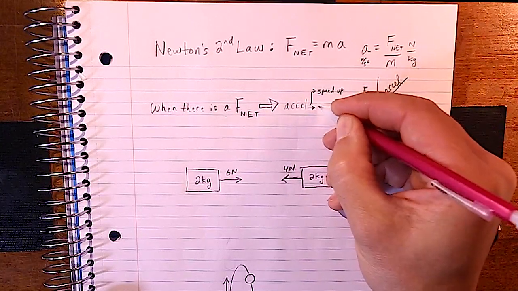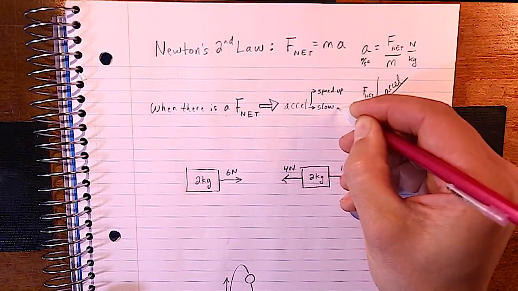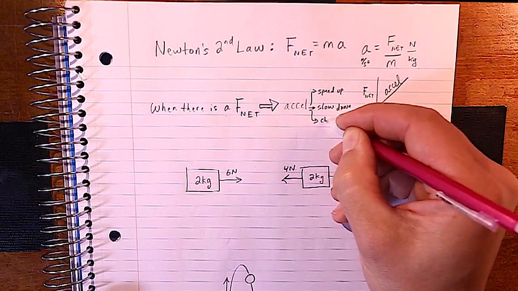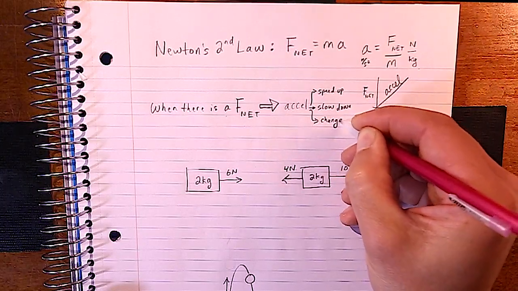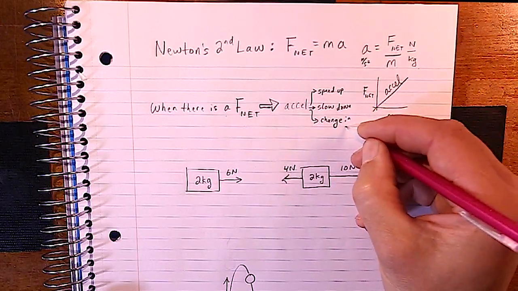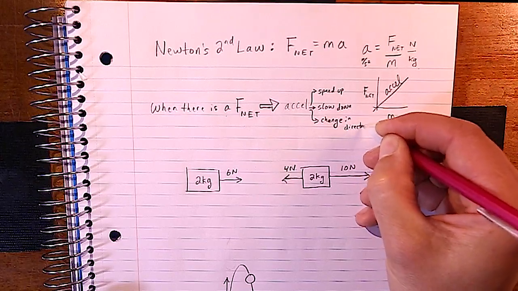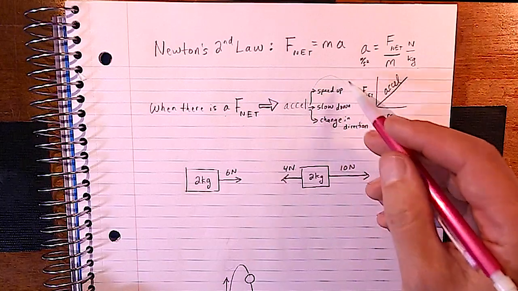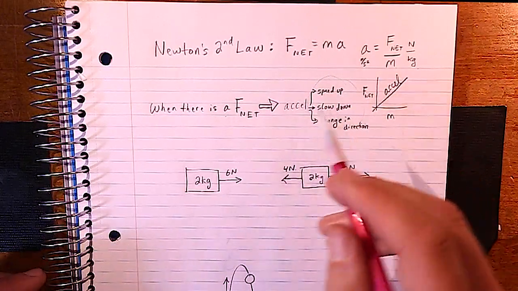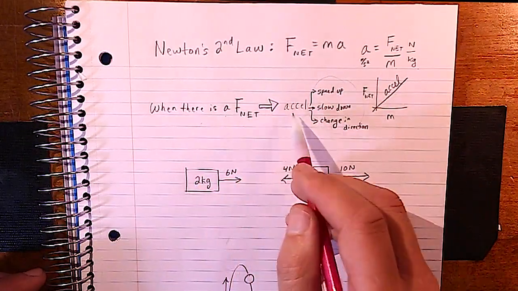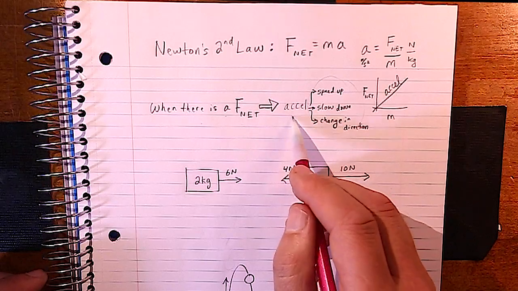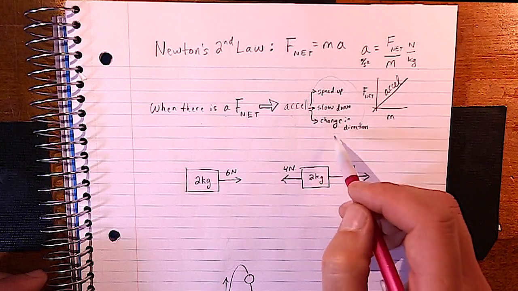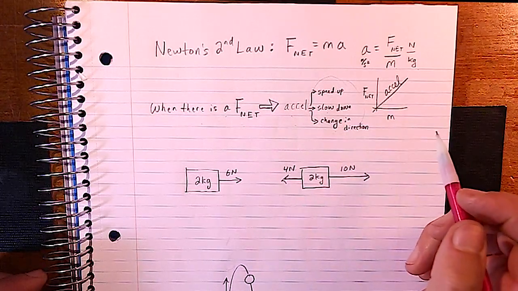That could be slowing down. But it could also be a change in direction, because acceleration is a vector. So all three of these are forms of changing velocity. When there's a net force, you get acceleration, and it might be speeding up, slowing down, or a change in direction.